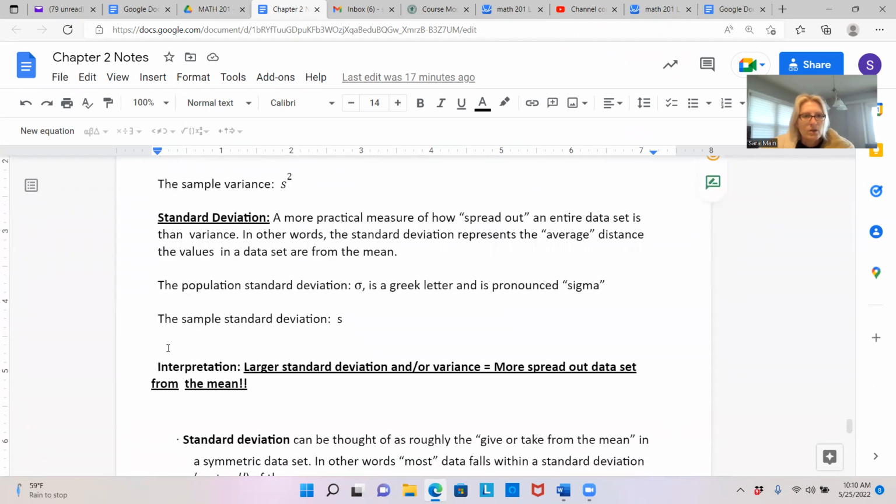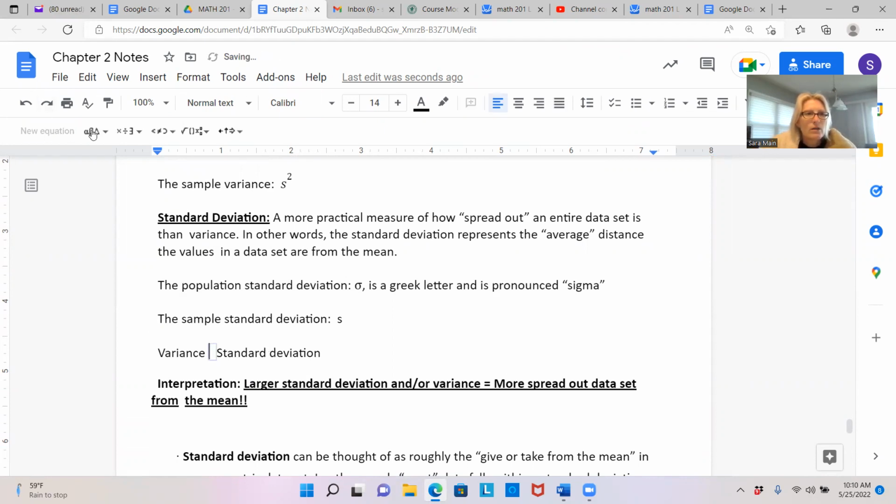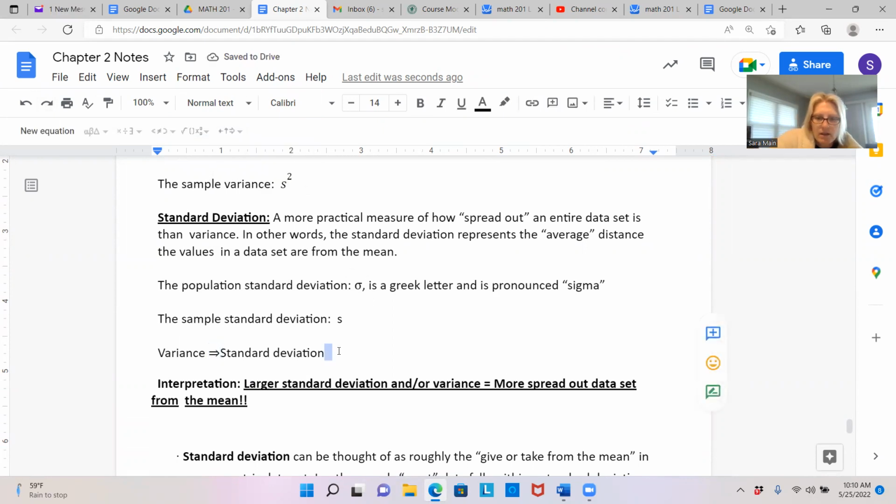So to go from the variance to the standard deviation, we're going to take the square root of the variance.